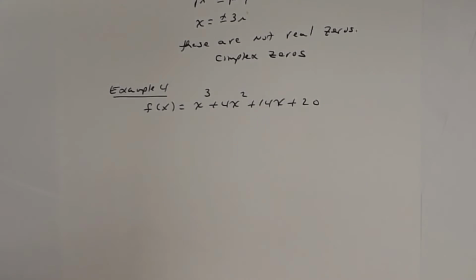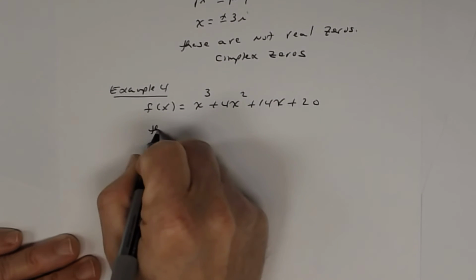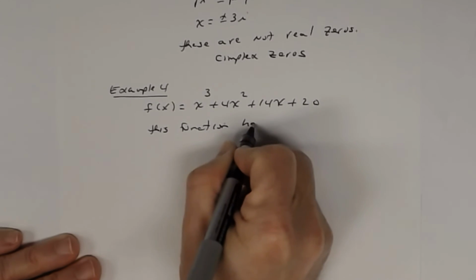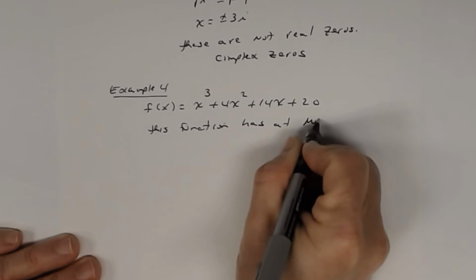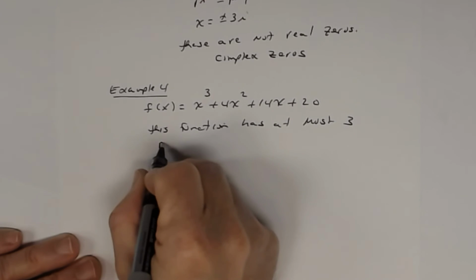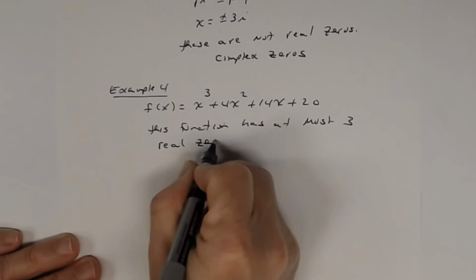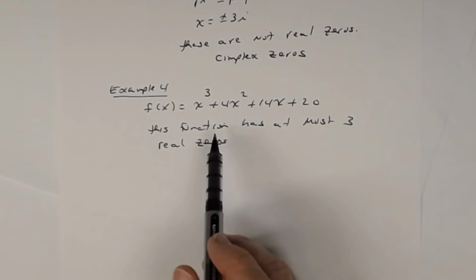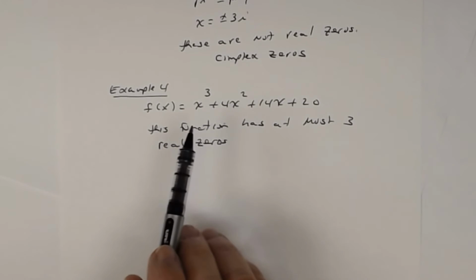Okay? If this function has any real zeros, and it does, it has at least one.